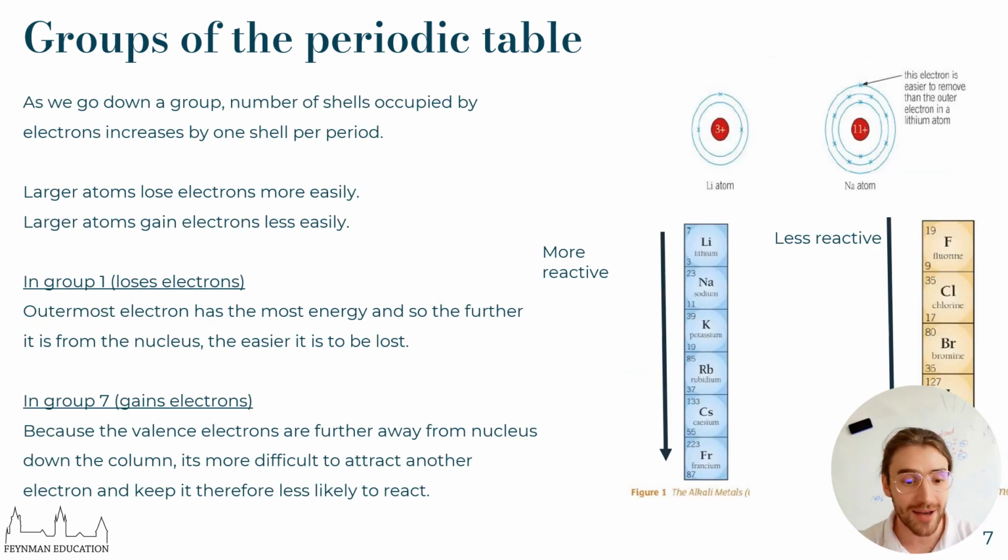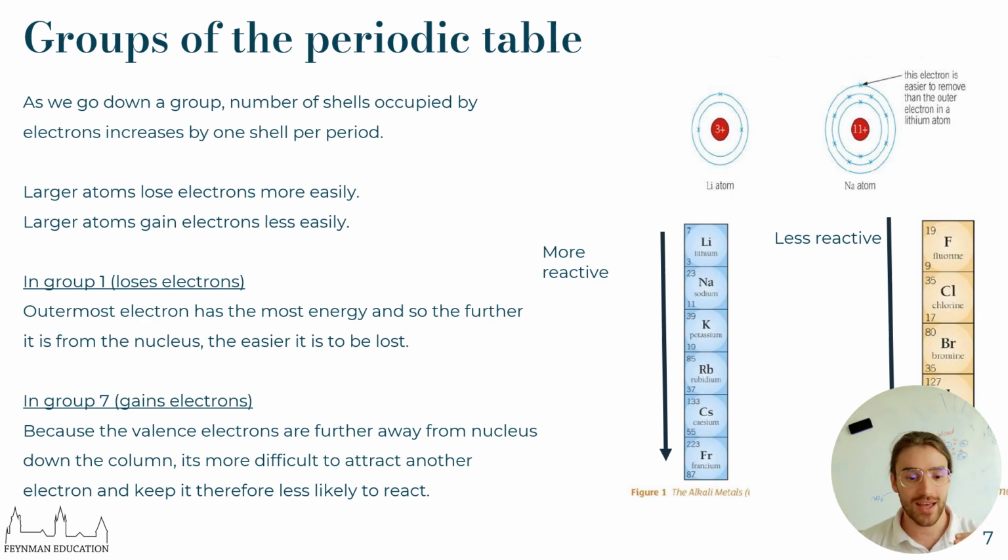Okay, so just to recap, as we go down periods, the number of shells is going to increase. Okay, what this means for group 1 that needs to lose one electron is that they become more reactive as the energy level increases. The amount of energy in that outer electron that needs to be released is going to increase. Okay, making it more reactive, making it more ready to ditch that electron.